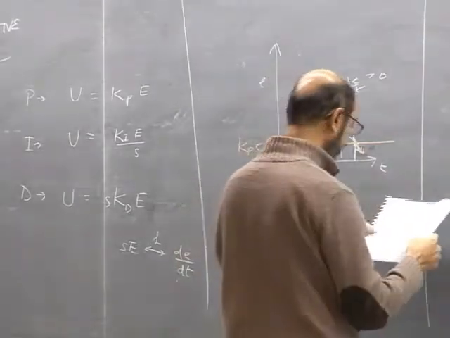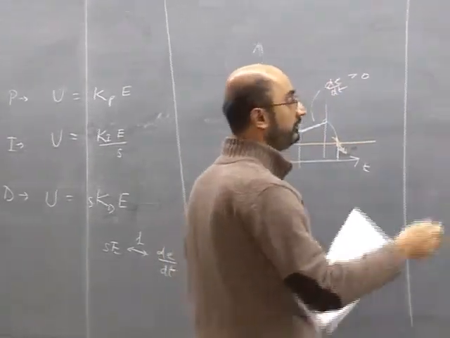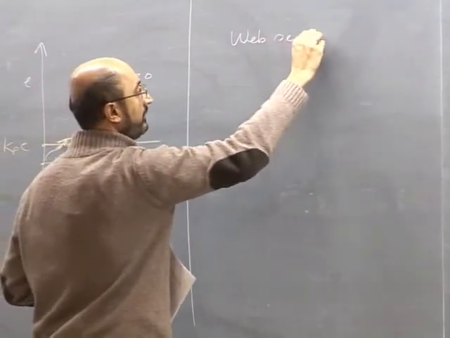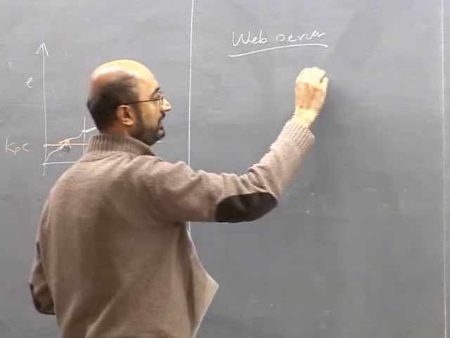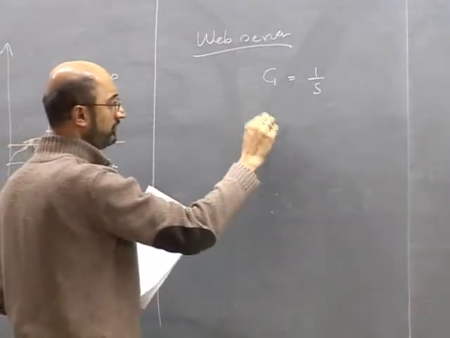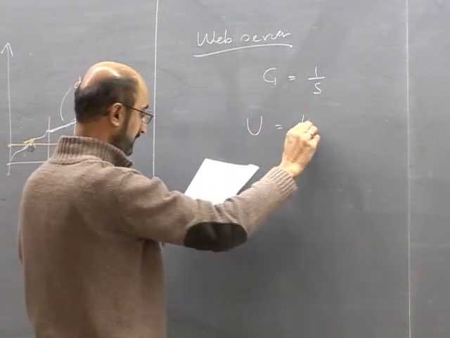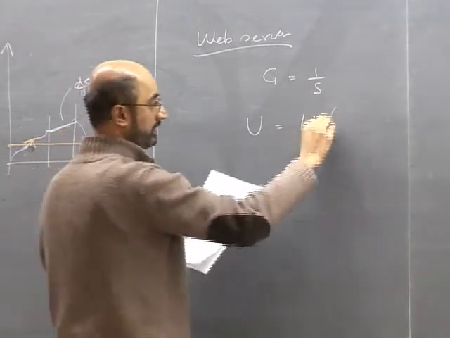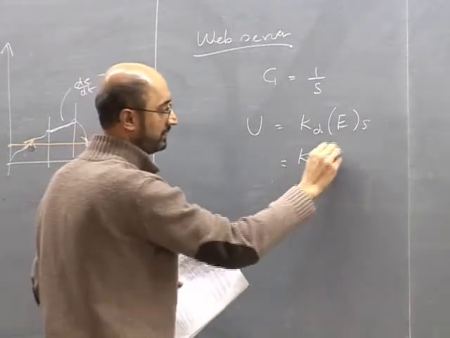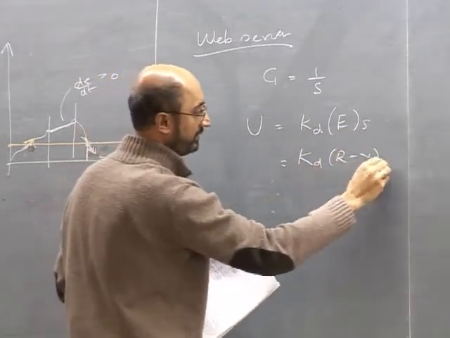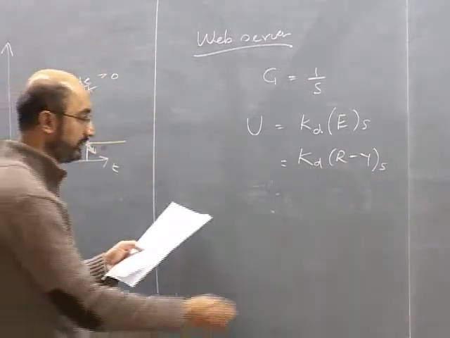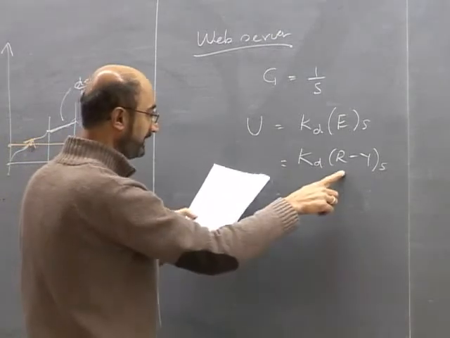It's actually pretty straightforward. We're going to look at the web server example. For the web server, we have a very simple plant, G equals 1 over S. As before, we're going to do U(S) equals KD times E(S), which is KD times (R minus Y)(S), because that's the error.